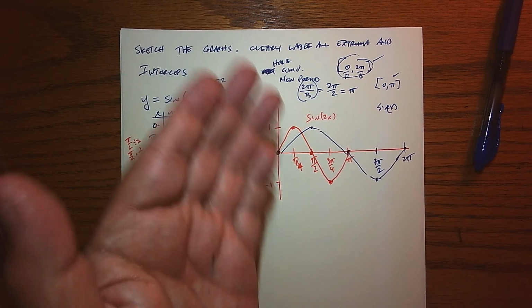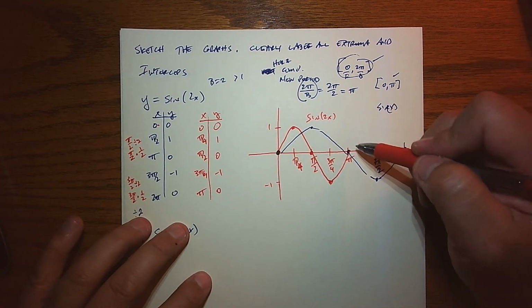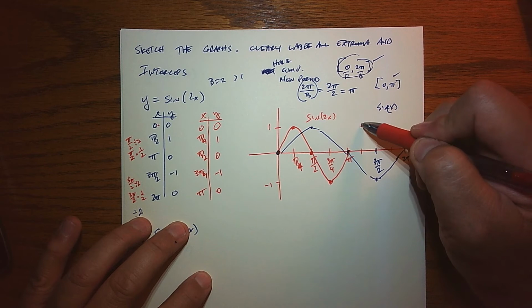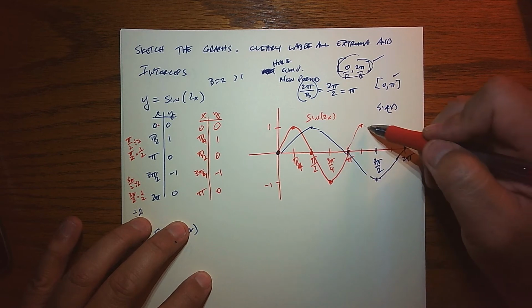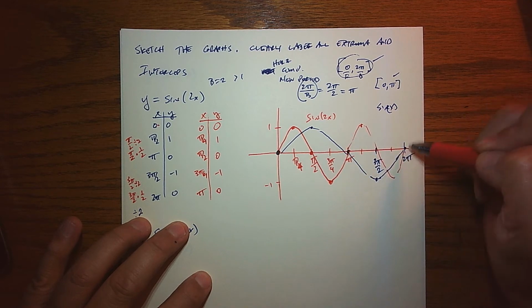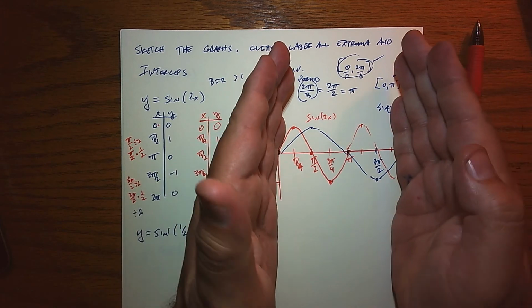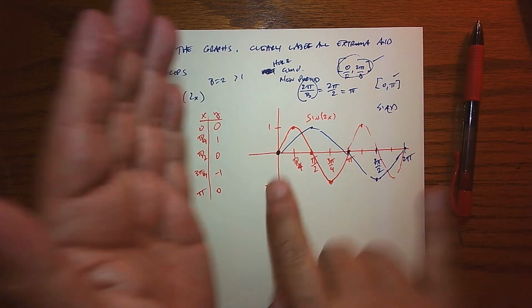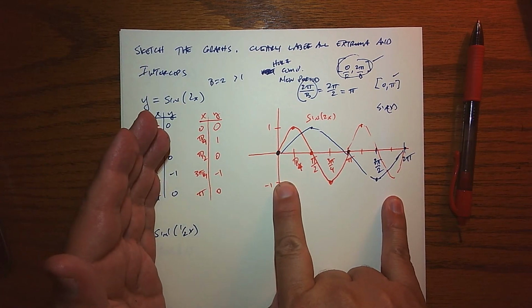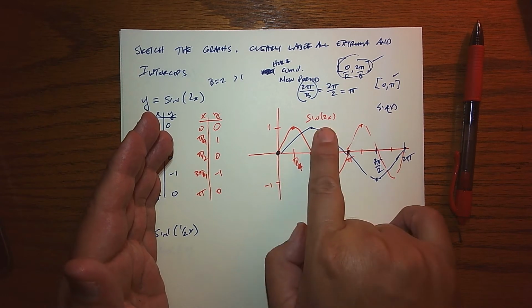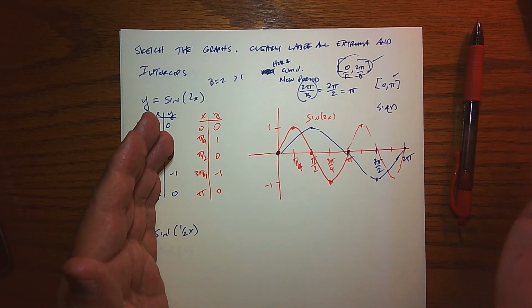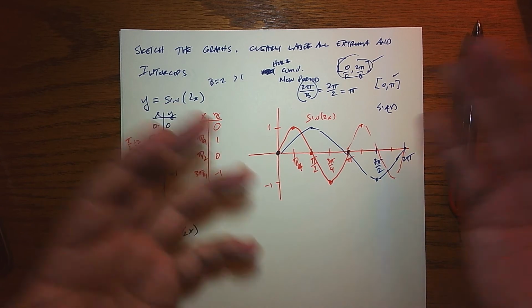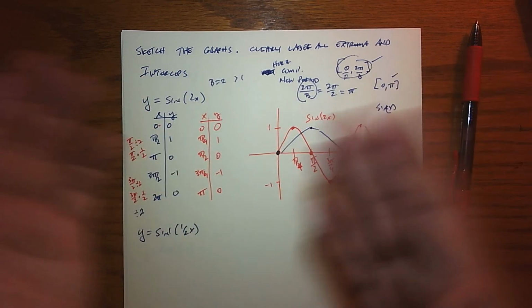And looking ahead, because this graph would just continue on and on, notice that what used to be one full cycle in blue is now 2 full cycles in red, because we've taken the period and cut it in half. So now we're getting into the frequency argument, which I'm way ahead of myself on.